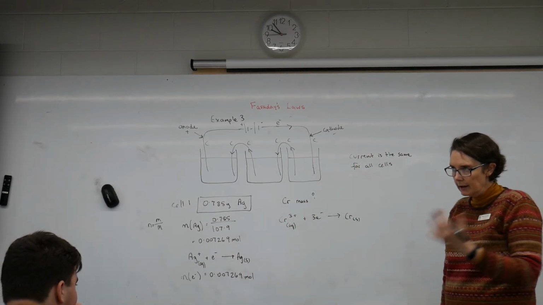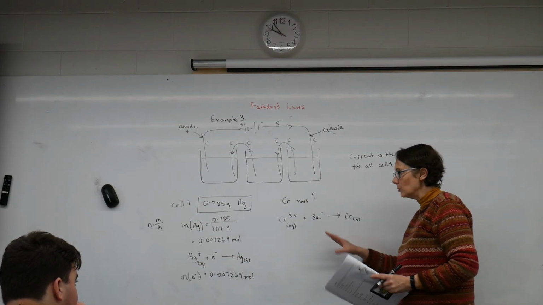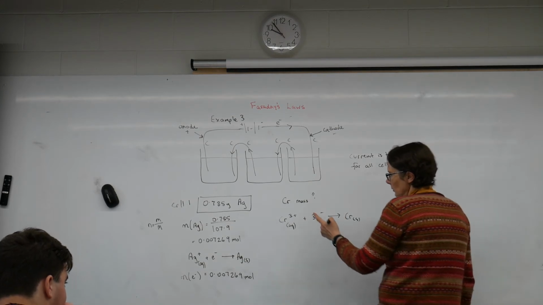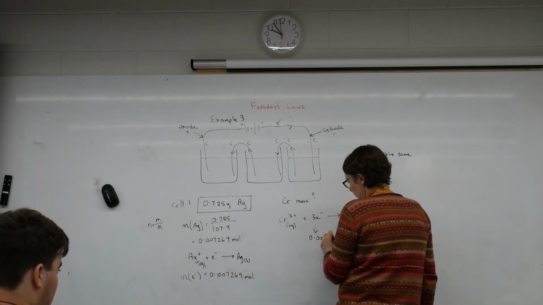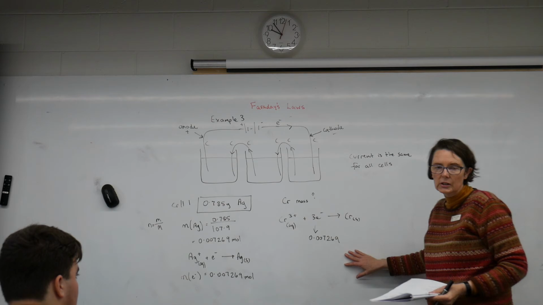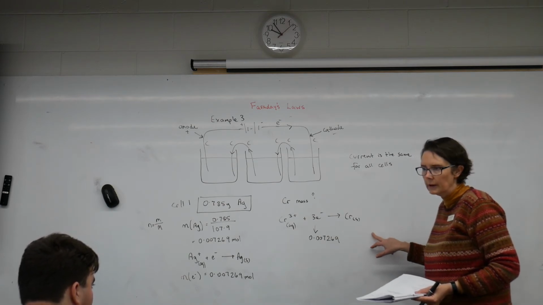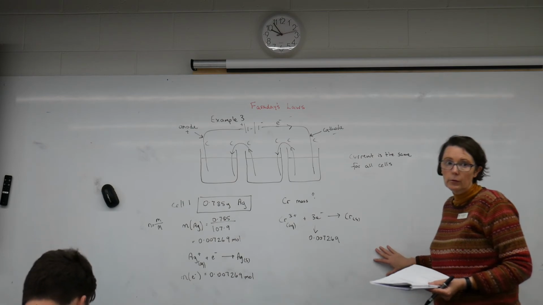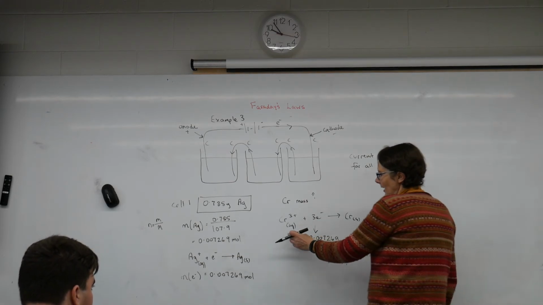Okay, now again, this is the spot where students get confused about which way around to go with those moles of electrons. So this is the moles of electrons that we have. What do I need to do to this number to work out the moles of chromium that I'm going to be reducing? Divide by 3. Does everyone agree we're dividing by 3? Yeah, and it makes sense.